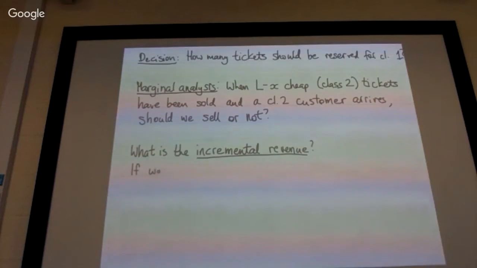So if we sell the ticket, then we're earning P2 because we've sold it for P2. Okay, from this decision. That seems clear. Now the problem is, what happens if we don't sell?